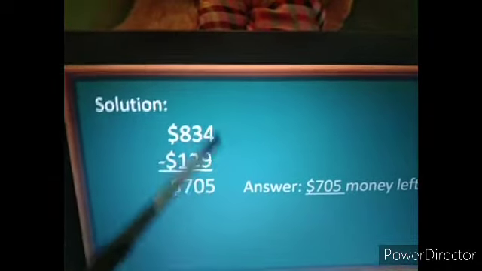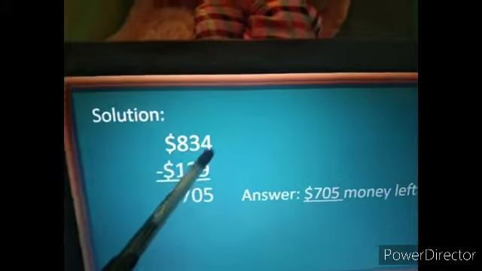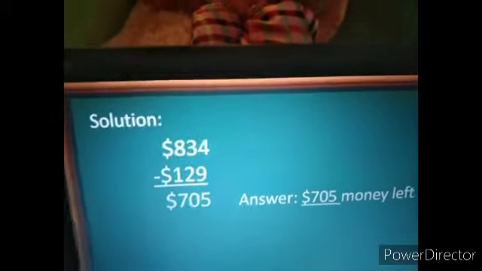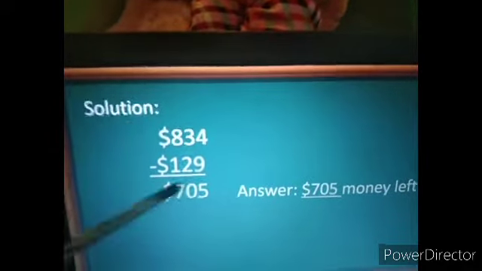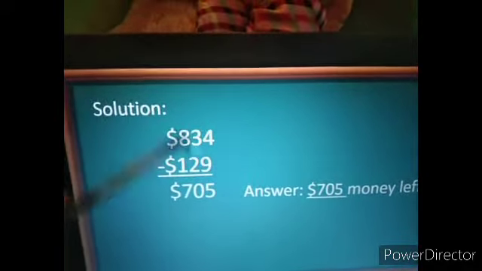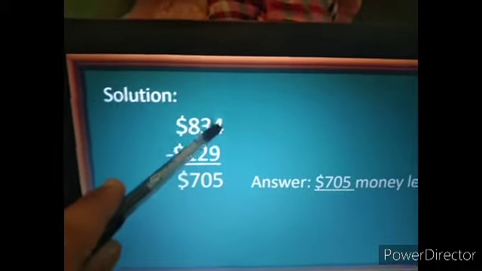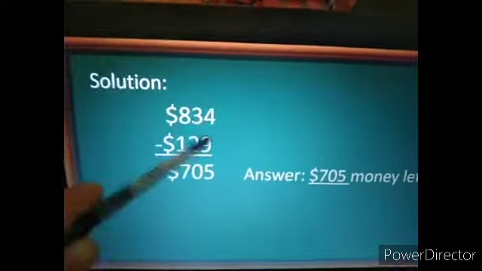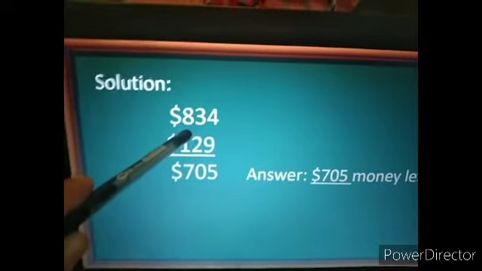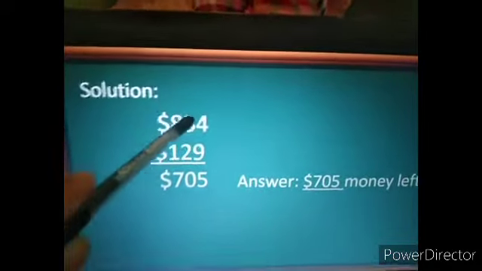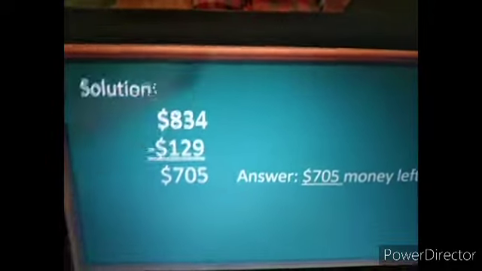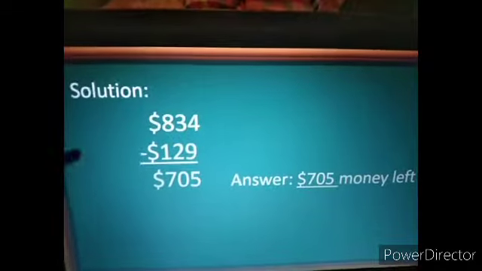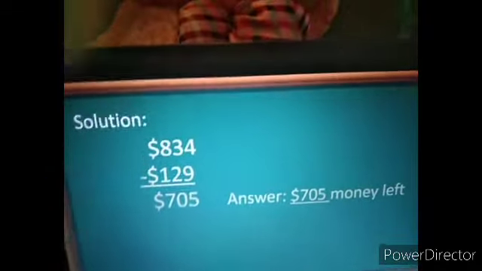So the 4 is not a 4 anymore, it's 14 because of the regroup. So I'm going to scratch it and put 1 beside the 4, and it is not 4 anymore, it is 14, and the 3 is going to be 2. Now we minus it, okay?